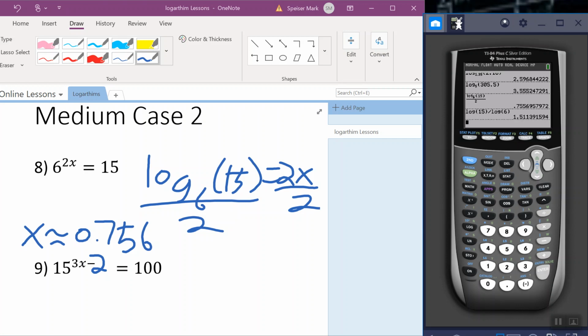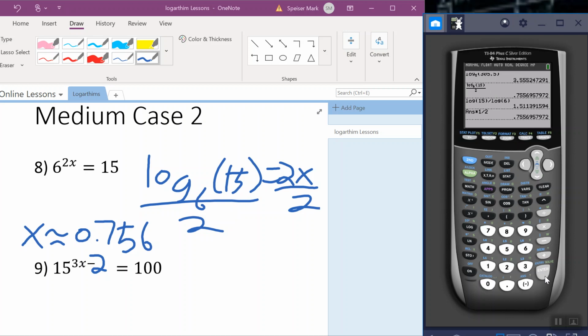Hit enter, and then multiply that by 1/2, and you should get exactly the same result. Okay? On to the next one.